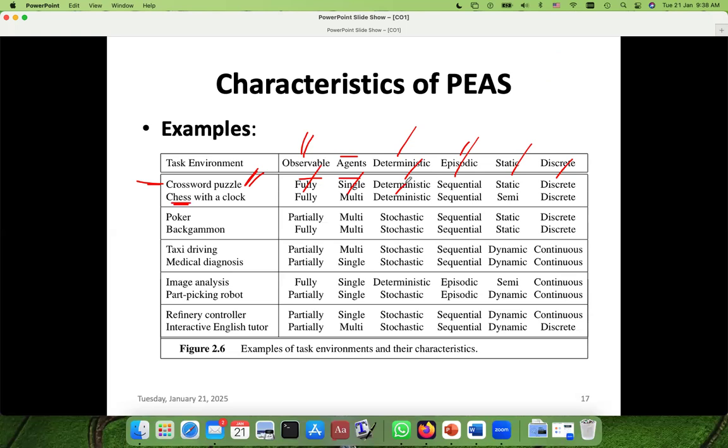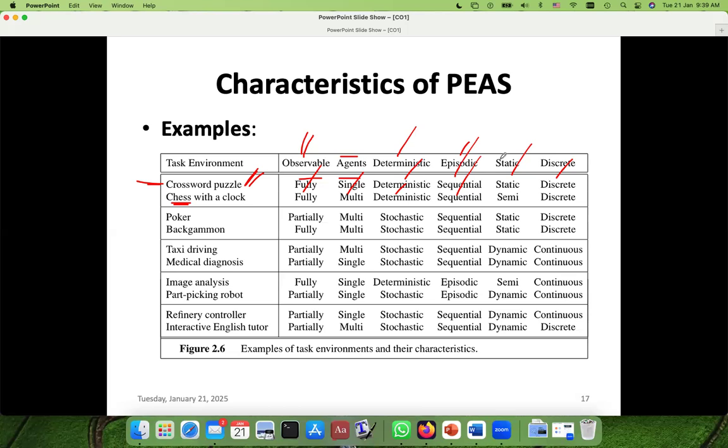If you are moving, you can determine the possibilities for the other players, nothing more than that. Is it episodic or sequential? Whatever move you make now, your future moves depend on it, so it is sequential.